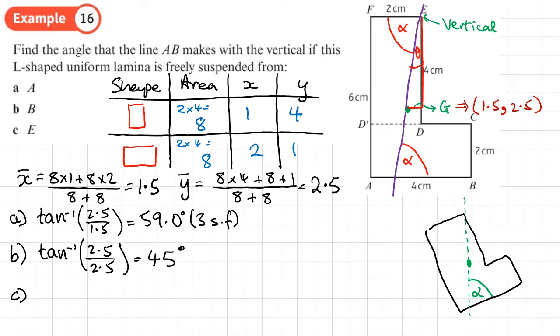So this is where we just need to be careful working at angles. We know that the centre of mass from the bottom goes up 2.5. So if we go up to 2.5, that means that this little bit here is 0.5, meaning the actual length of this side of this right angle triangle is 3.5.